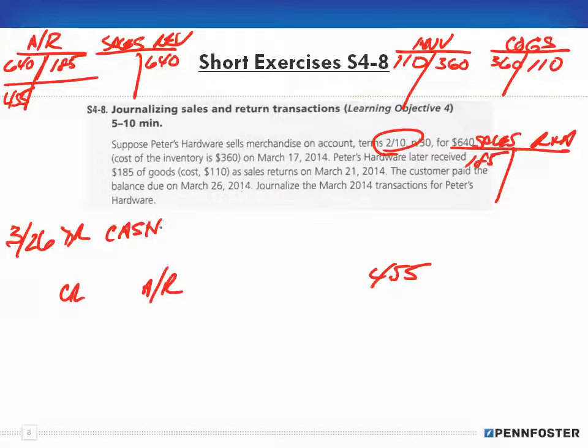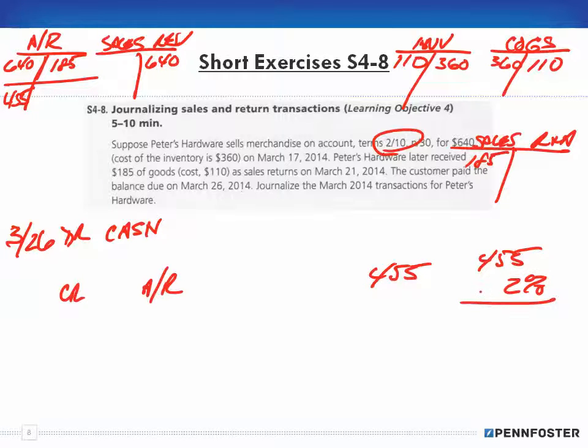Now, from a cash perspective, they're not going to pay the $455. They're going to pay the $455 less the discount. And how much is the discount? Well, the discount amount is 2%.